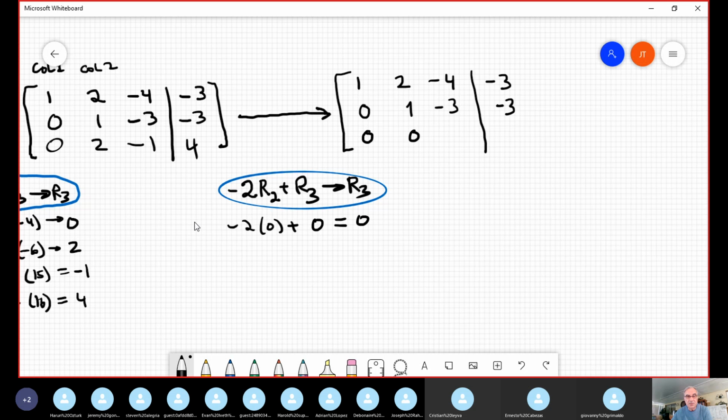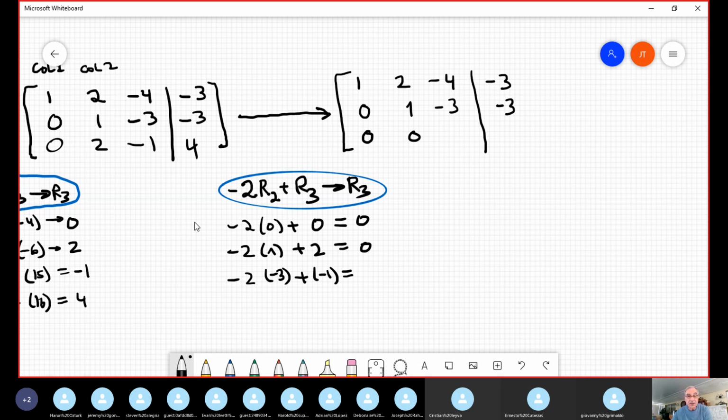I want 0 here. Let me see if it's possible or not, according to this formula. Okay, look. It's 1, so -2 times 1 plus 2. Where do these two come from? These two. It's 0. Wow, amazing. I like that. And -2 again times -3 is this guy. Plus -1.